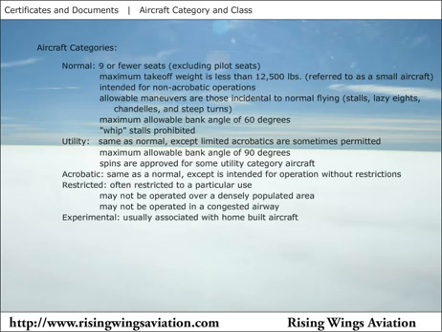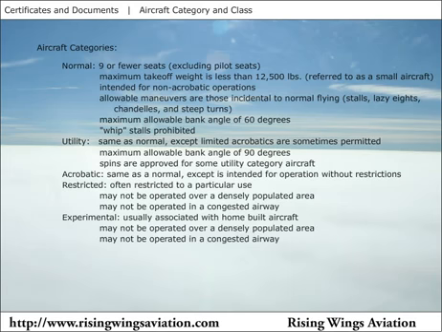Like the restricted category of aircraft, experimental aircraft are also prohibited from operating over densely populated areas or in a congested airway. Any aircraft in the limited, provisional, or primary category must follow regulations for these aircraft set forth in Part 91, Sections 315, 317, and 325 respectively.